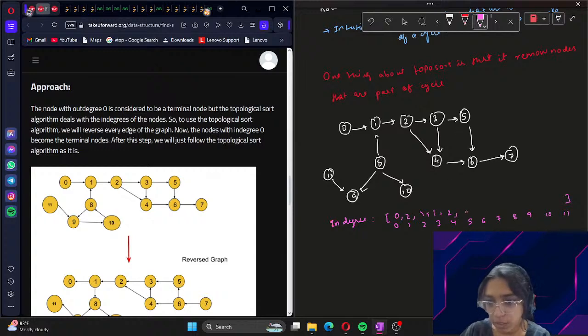Node 5 is 1. Node 6 is 2. Node 7 is 1. Node 8 has no incoming edge, so it's 0. Node 9 has 2. Node 10 has 1, and node 11 has none.